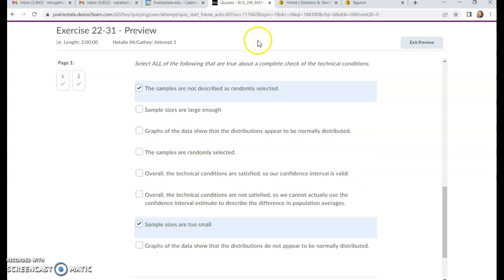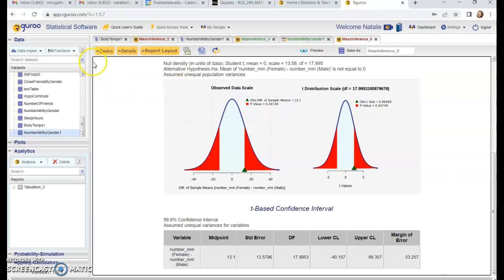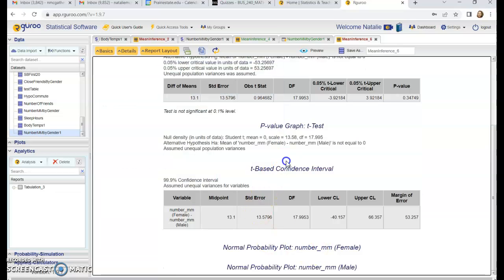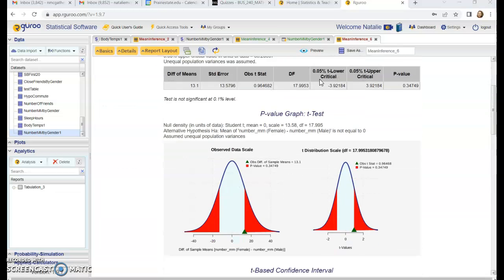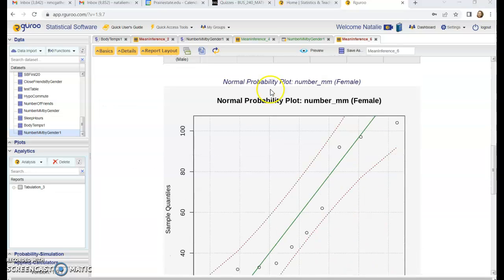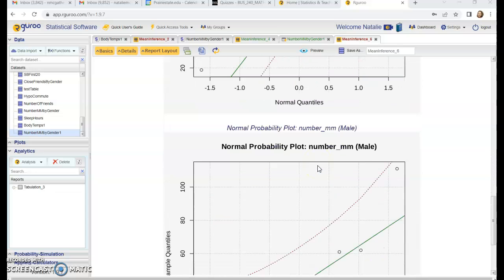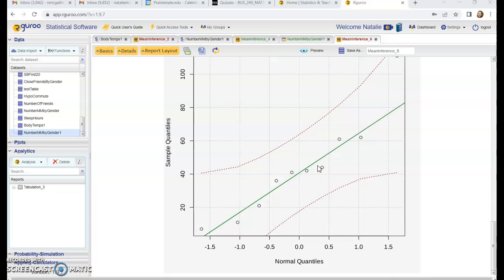If the sample sizes are too small, we should check to see if our data is normal or not. So here's what we're going to do. We're going to go back to basics. Remember that normal probability plot? We can go ahead and take a look at that. So all the way down at the bottom here, you're going to see the normal probability plot for the female data and the normal probability plot here for the male data.